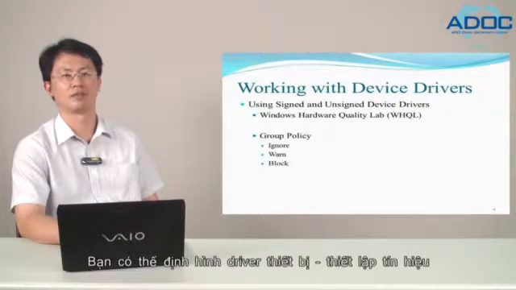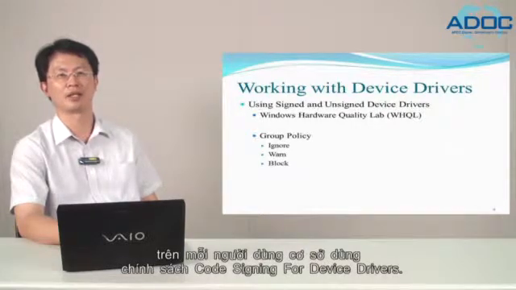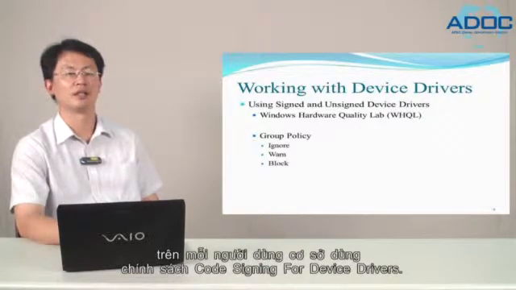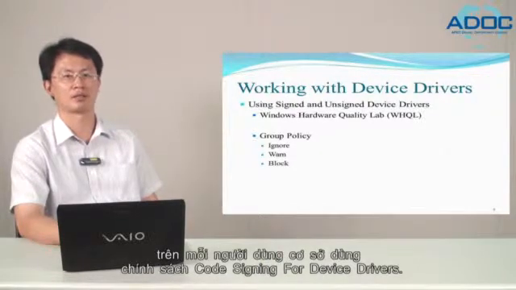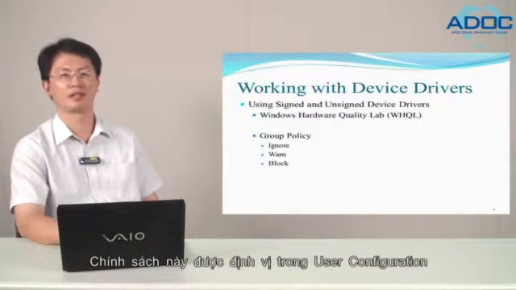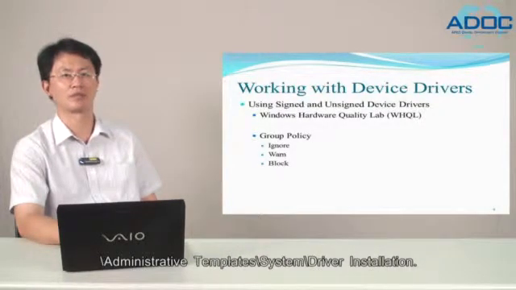Then you can configure device driver signing settings on a per-user basis using the code signing for device drivers policy. This policy is located in User Configuration, Administrative Templates, System, Driver Installation.